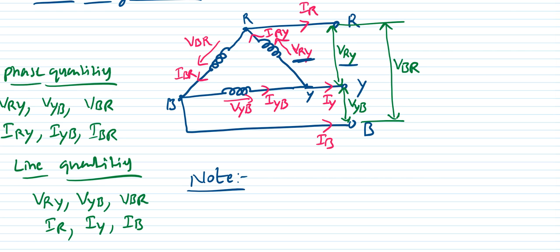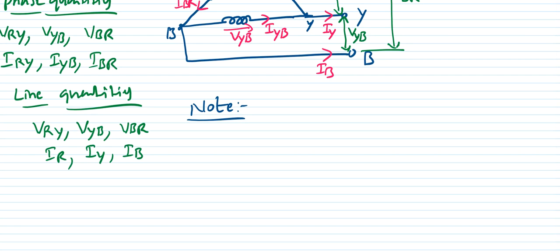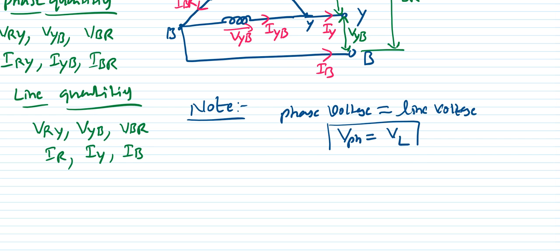So I can write that the phase voltage equals the line voltage. In case of star connection, your phase current equals the line current. That is the observation we made in that case.